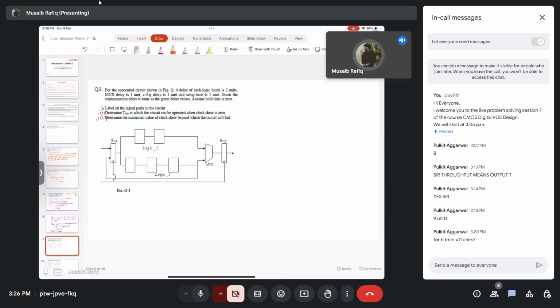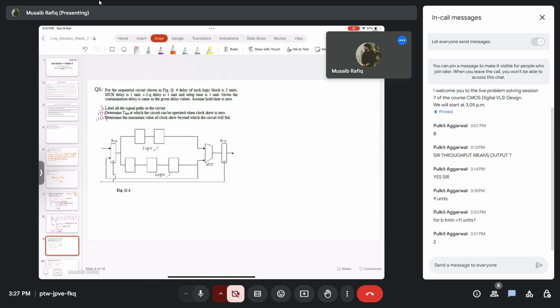So how will we do it? First of all, can you guys tell me how many signal paths are there? I think there is one more path.